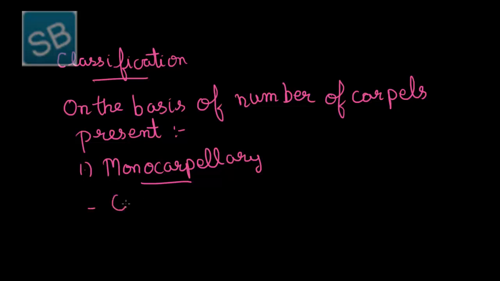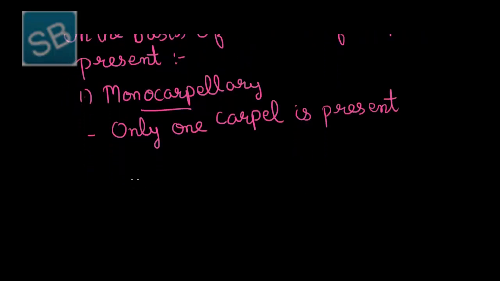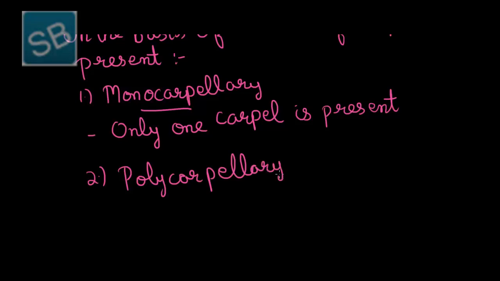In this type of gynoecium, only one carpel is present. Second type is polycarpellary. In this type of gynoecium, more than one carpel occurs.